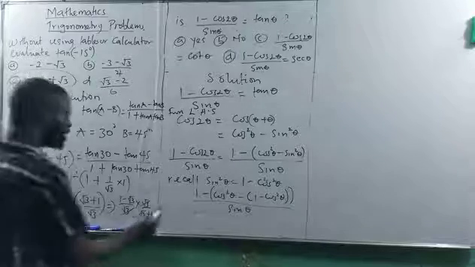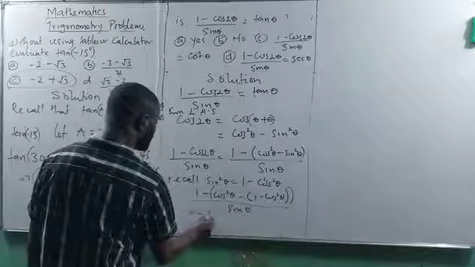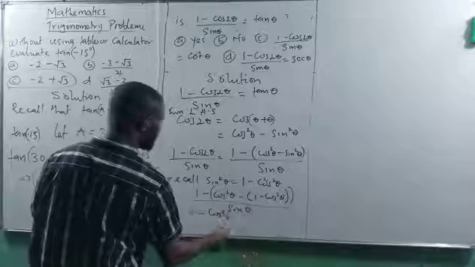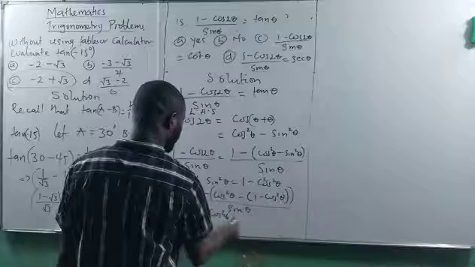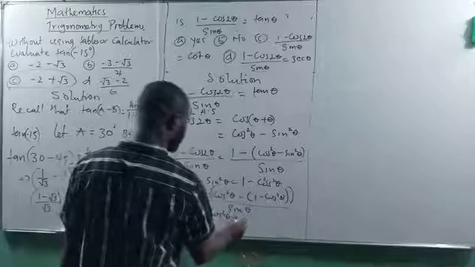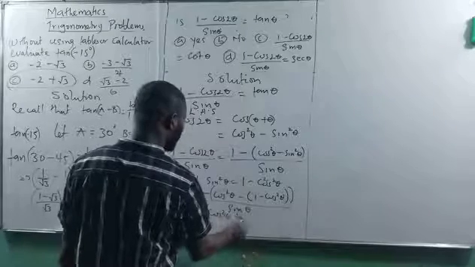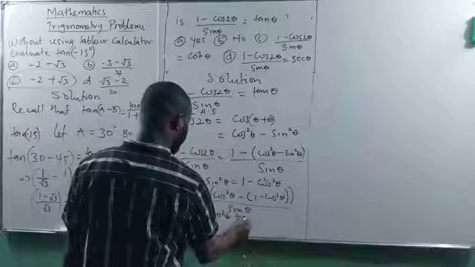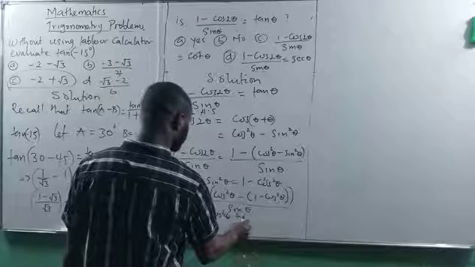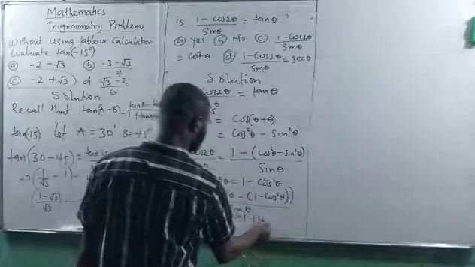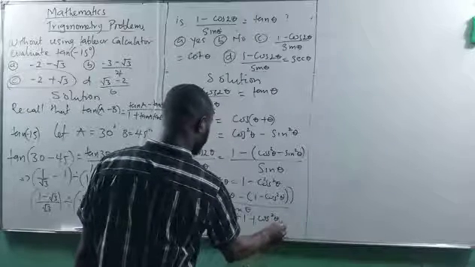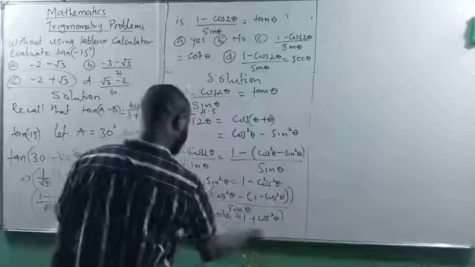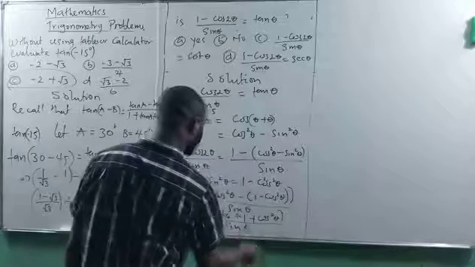Now, we all know that this will be 1 minus cos square theta, and here will be, sorry, let me put brackets here. Minus 1 and plus cos square theta, divided by sine theta.